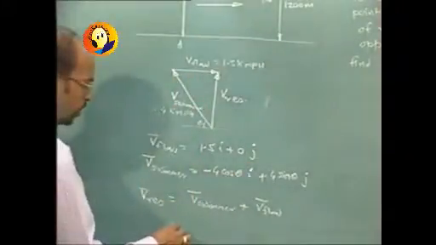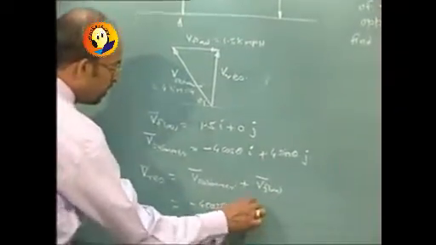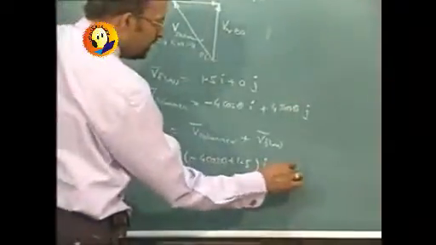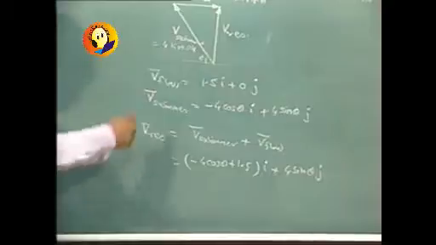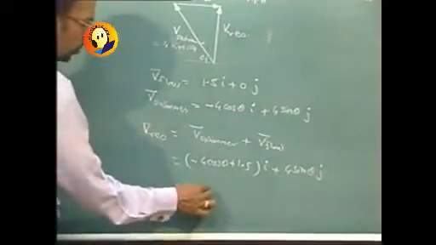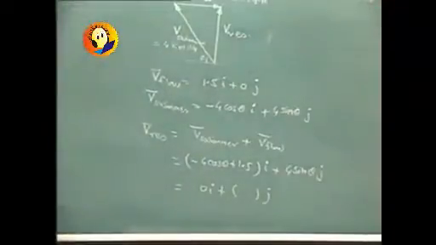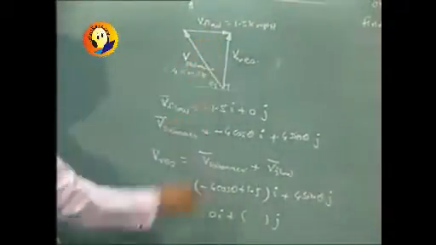So it is going to be (minus 4 cos theta plus 1.5) i plus 4 sin theta j. But we know that V resultant is going to be 0 i plus some value into j, because the resultant is purely vertical and will not have an i component.